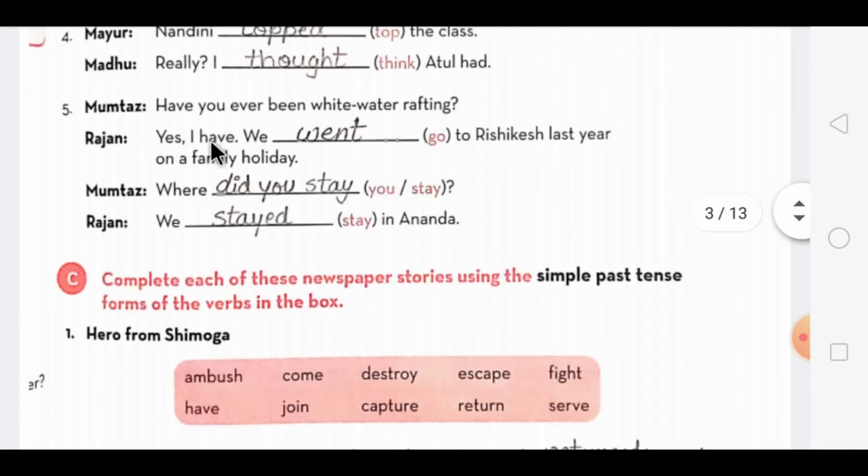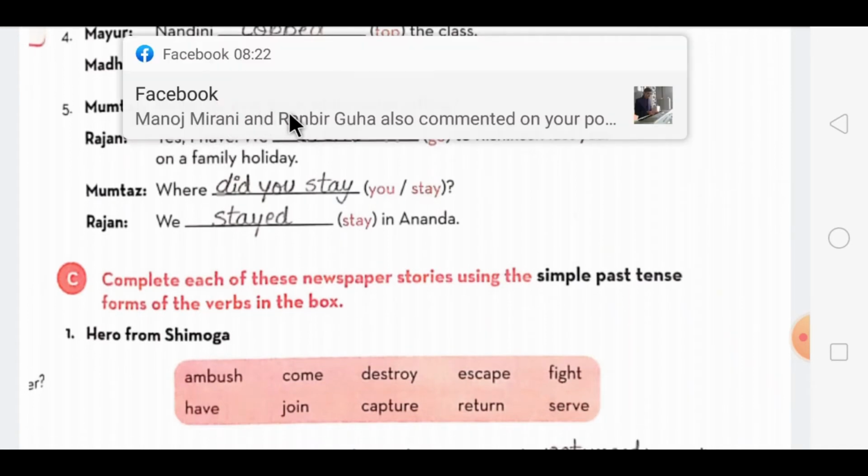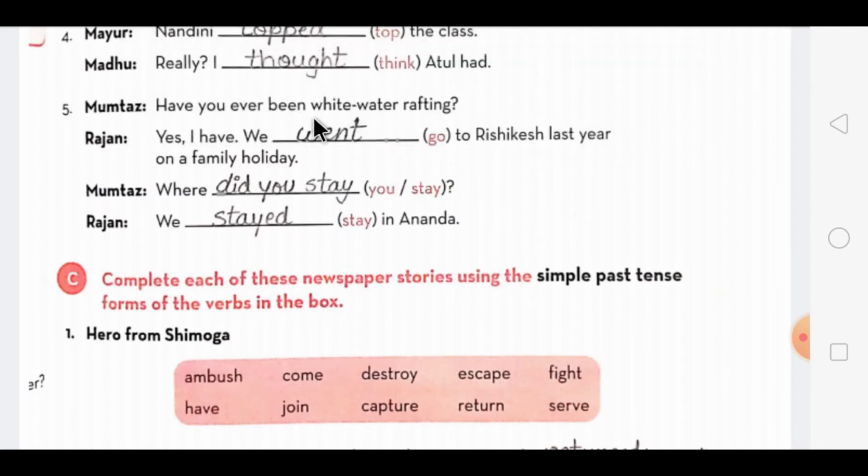Then the fifth one is, Mumtaz is asking, have you ever been white water rafting? Ranjan says, yes, I have. We went to Rishikesh last year on a family holiday.